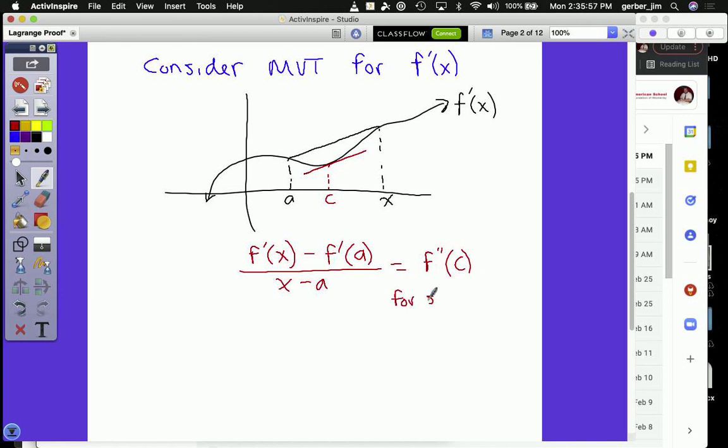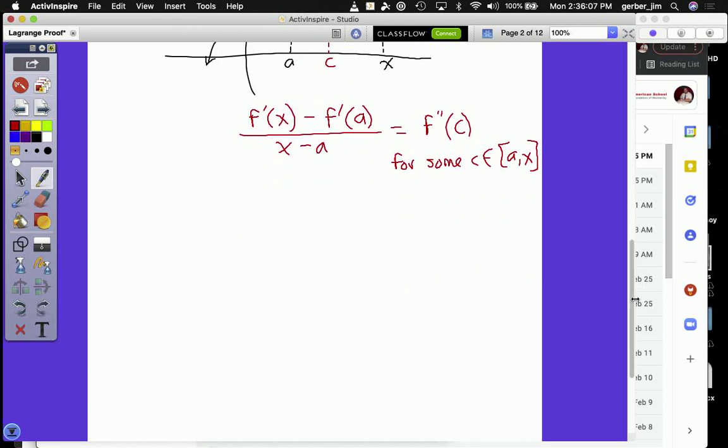For some c on the closed interval a to x. And again, I can rewrite this a little bit, and I'll get f prime at x minus f prime at a equals f double prime at c times x minus a.